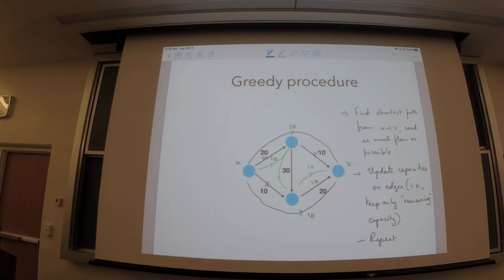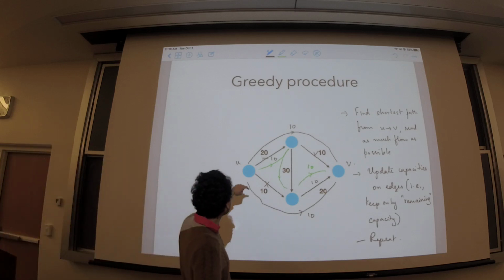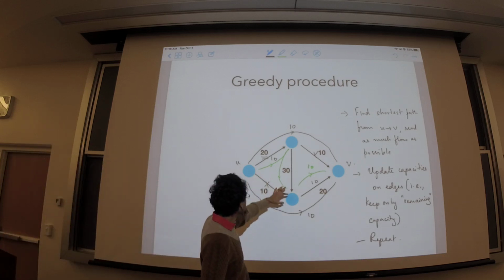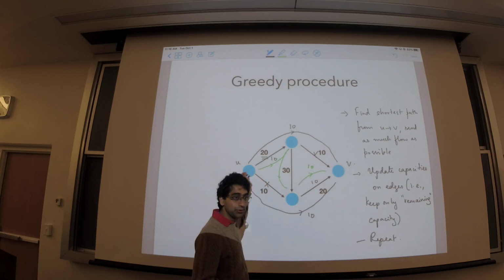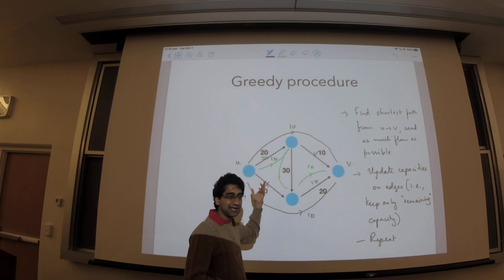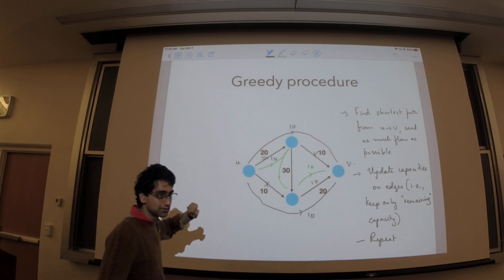So this is a procedure which at least always finds a valid flow from U to V. It may not be the optimal flow, at least we don't know, but it at least finds a valid flow from U to V. So it does not have the issues that the other solutions had, which is that you may send some stuff out of U which may potentially never reach V. So it overcomes those problems.